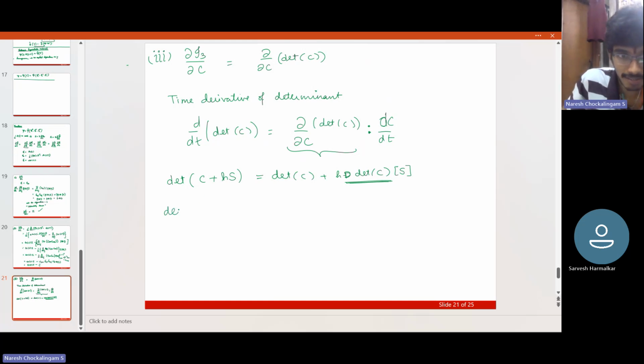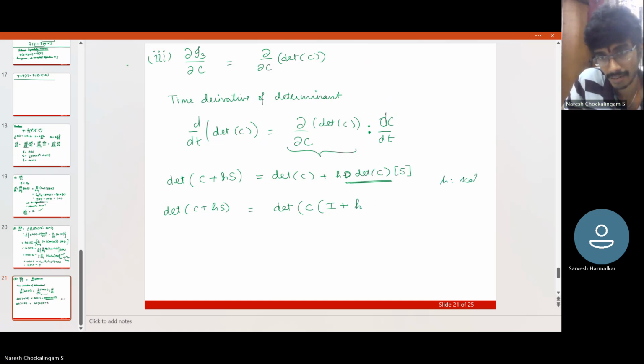So now consider this determinant of C plus hS. This can be written as the determinant of C multiplying I plus h C inverse S, where h is a scalar and we have a C which is pre-multiplying.